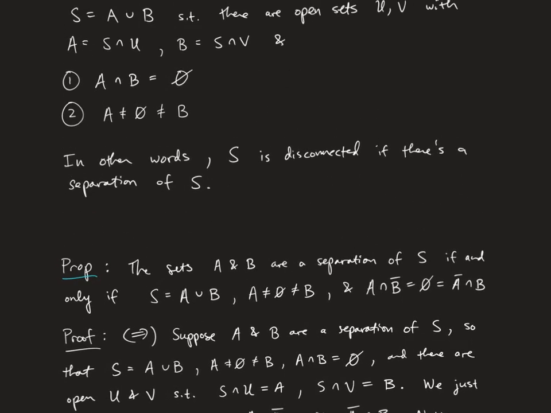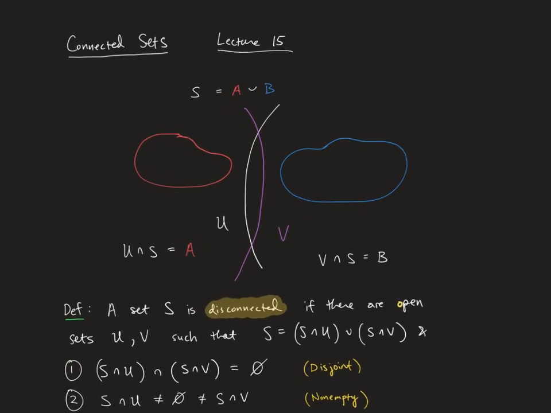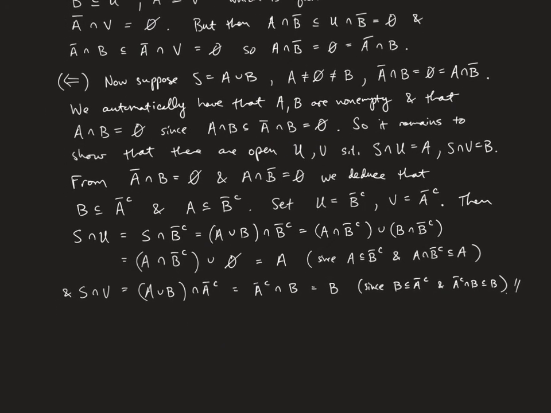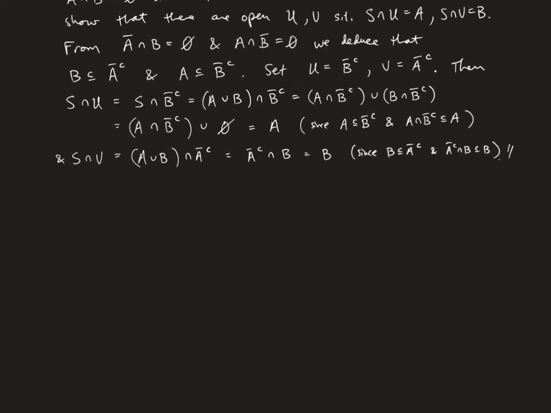So I'm giving you a more expanded perspective on this concept of a set being disconnected, or a set being separated, having a separation. All right, anyway, so that's all disconnected sets.